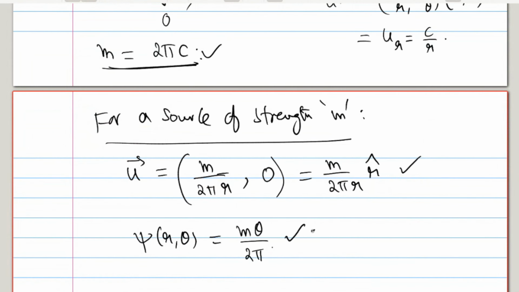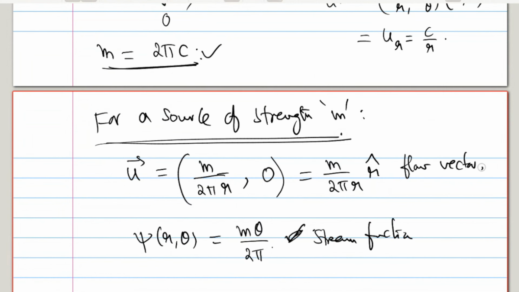For a source of strength M, the stream function is that. This is the velocity vector, the flow vector, and this is your stream function. Like this you can calculate.